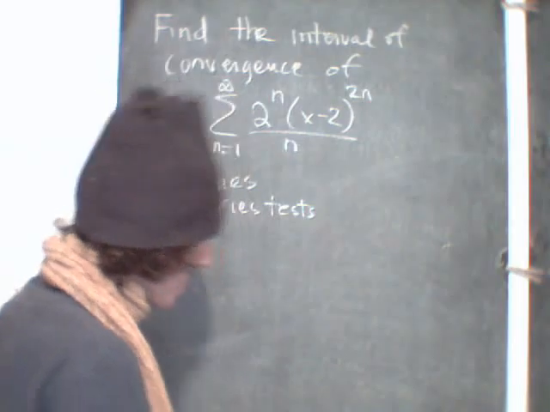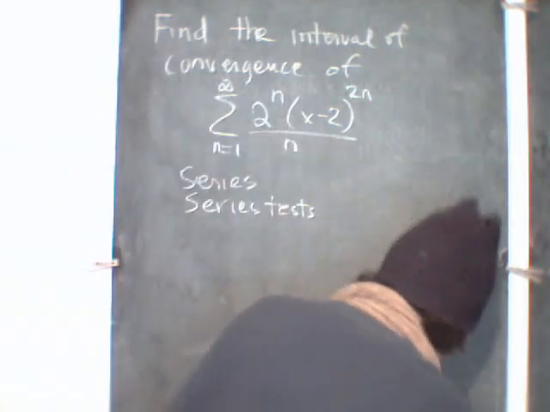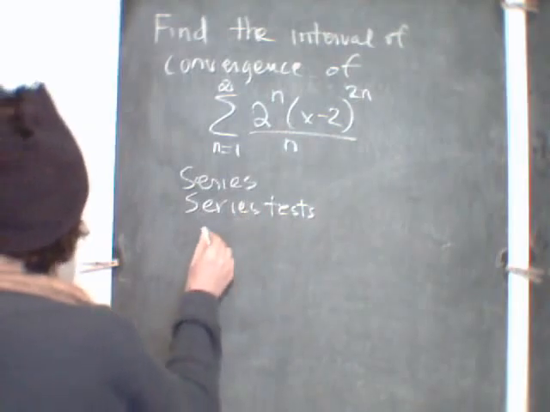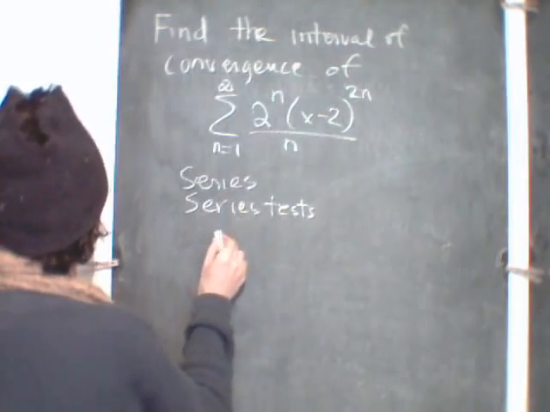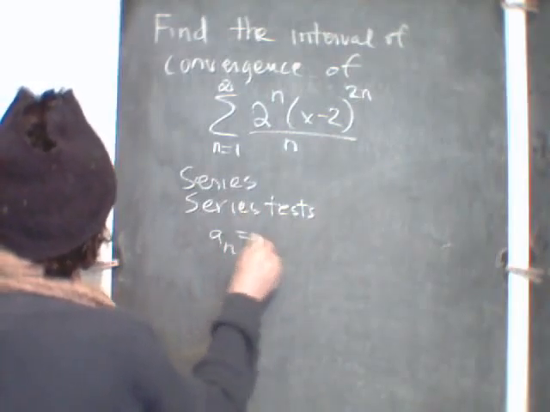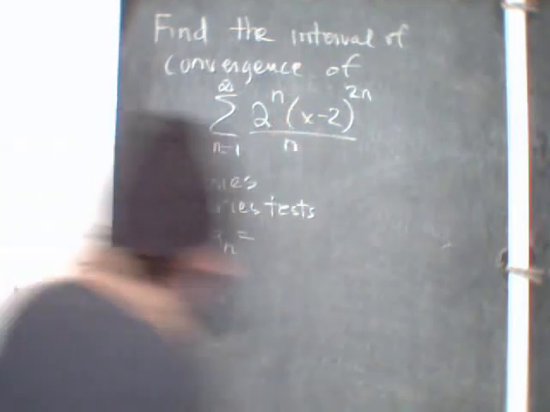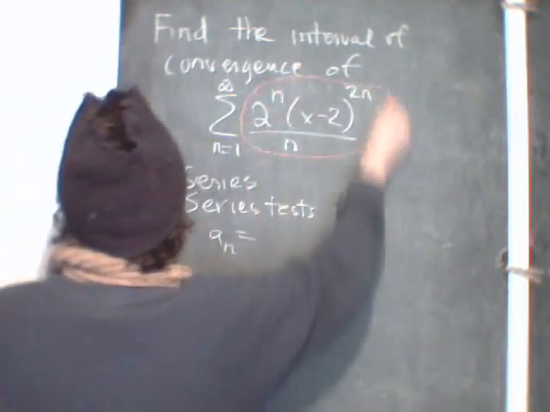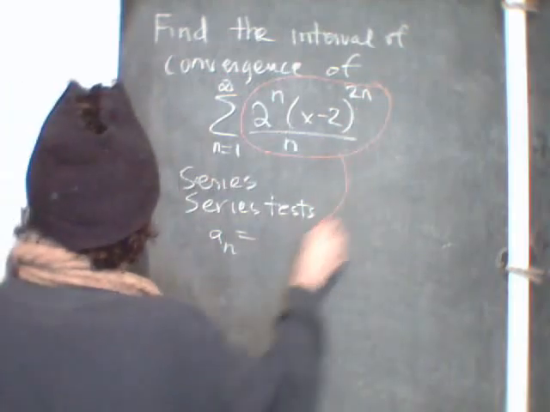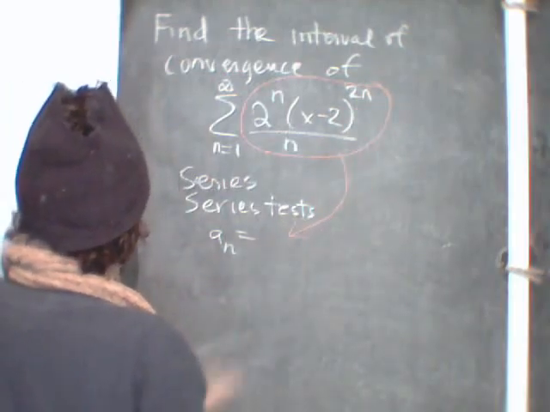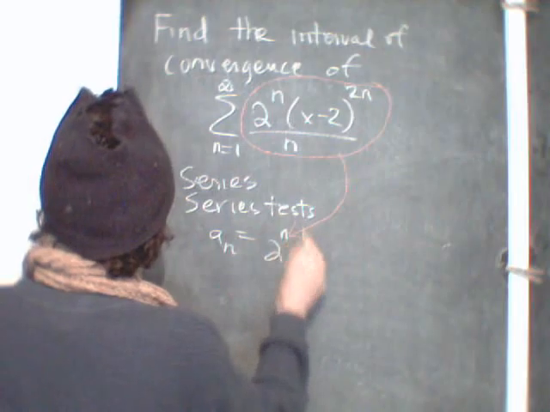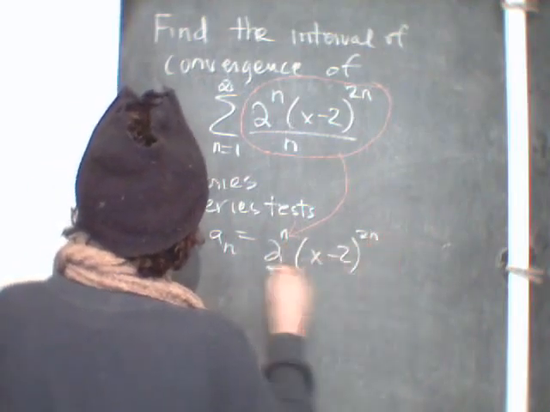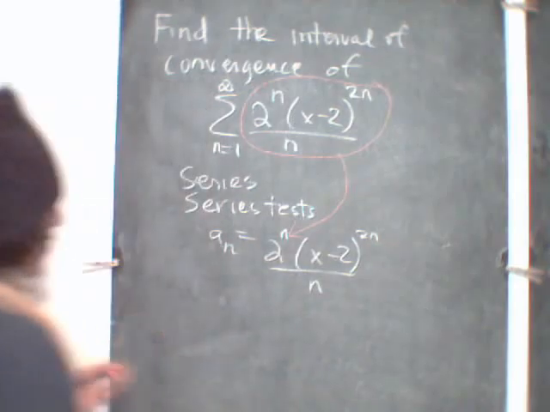But basically, if we let a_n equal this thing right here, a_n is going to be 2^n times (x minus 2)^(2n) all over n. And what conditions?